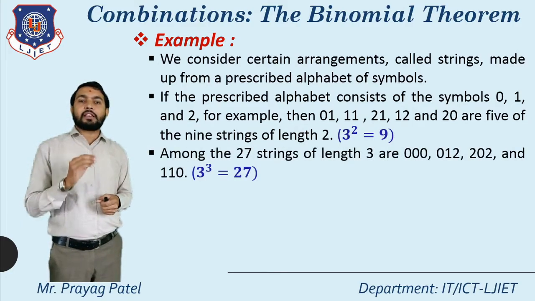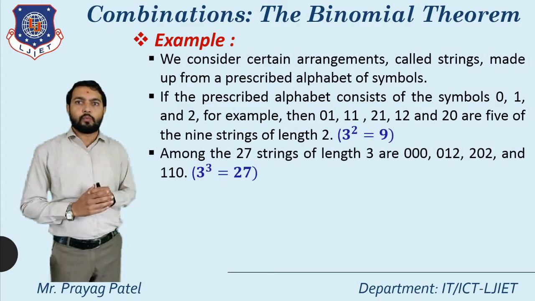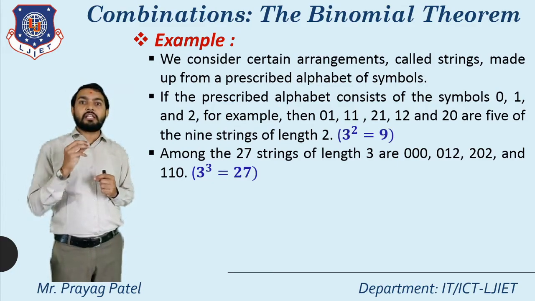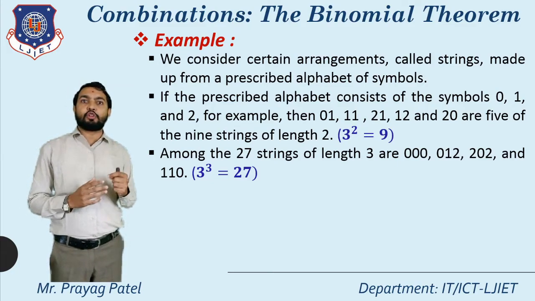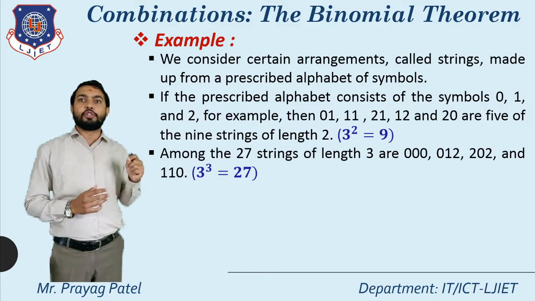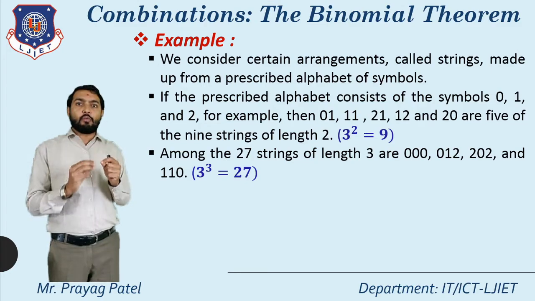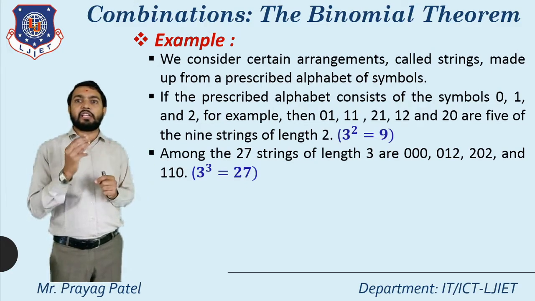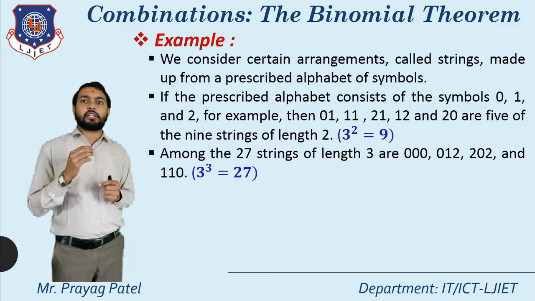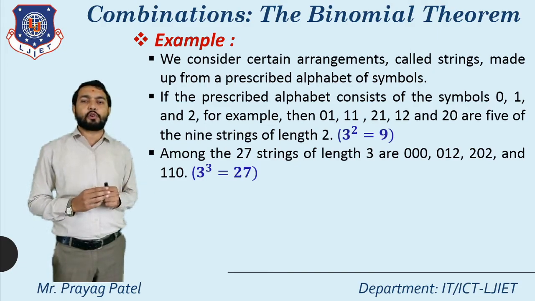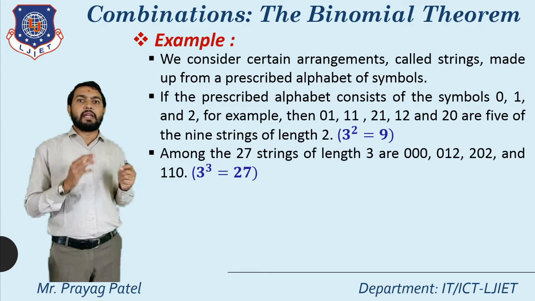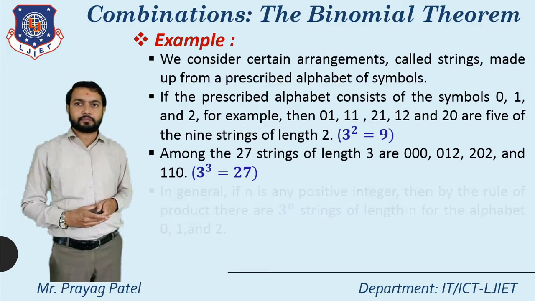Now if we have 3 elements 0, 1 and 2 and you have to find strings of length 3, that means 000, 012, 202, then 110, like this. So how many different combinations are possible for length 3? It is 3 cube, equal to 27 possible ways of combining the elements.